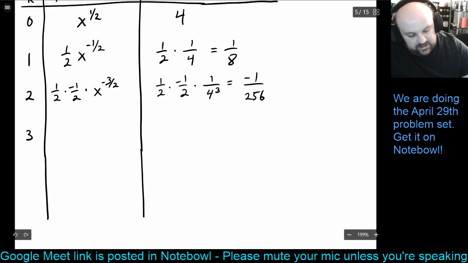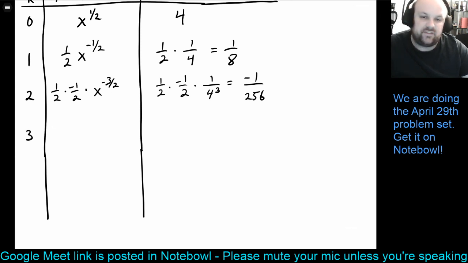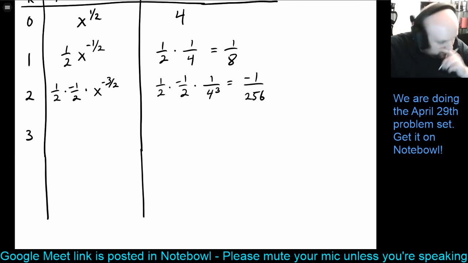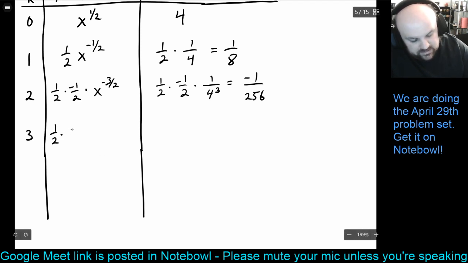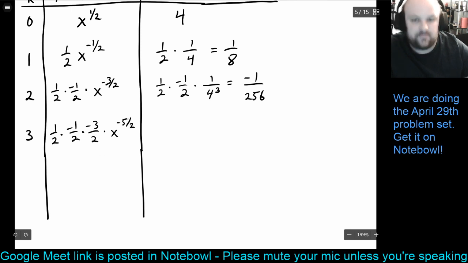Let's see, 3 here. We take this derivative again. This is now where it gets a little more interesting. Now we're going to have 1/2 times minus 1/2 times minus 3/2 times x to the minus 5/2.